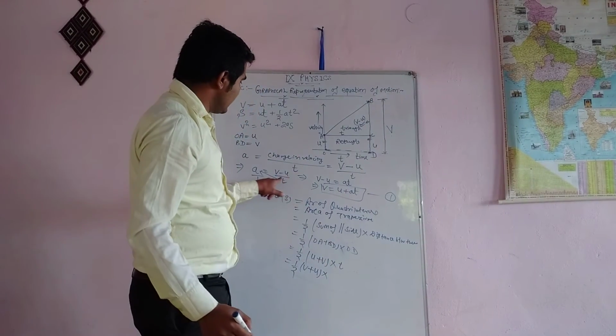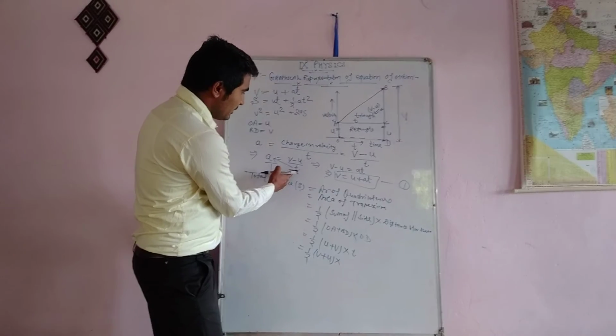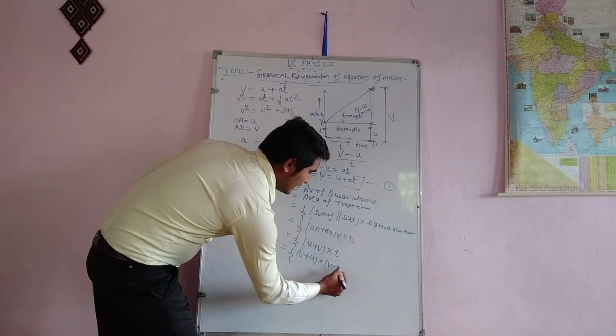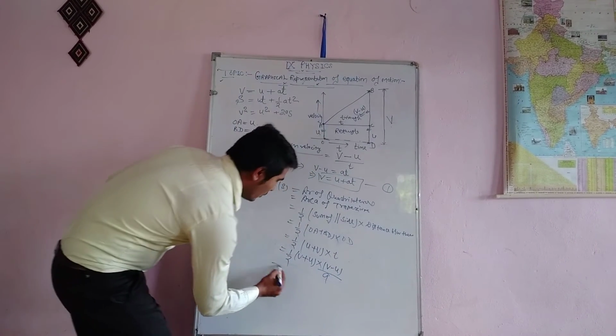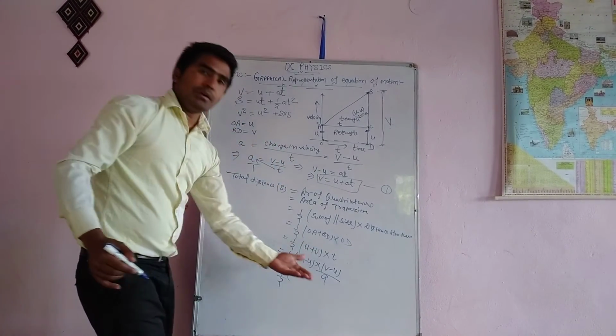From the first equation, in place of t we can write (v − u)/a. So now we have 1/2 × (v + u) × (v − u)/a.